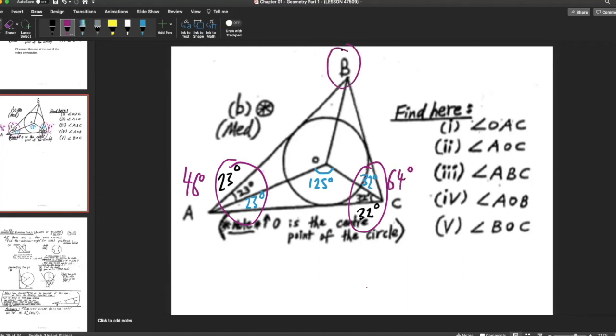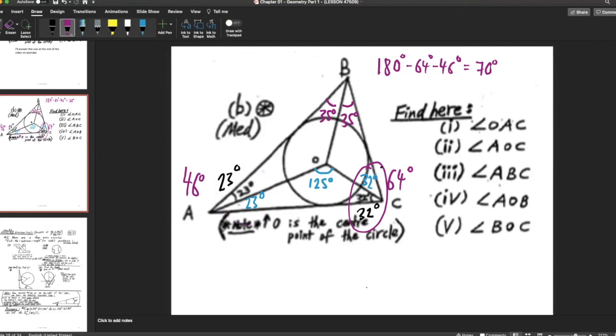So this angle at the top is 180 minus 64 minus 46, which gives 70 degrees. Each of these angles are the same, so 70 divided by 2 is 35. Those angles are both 35.